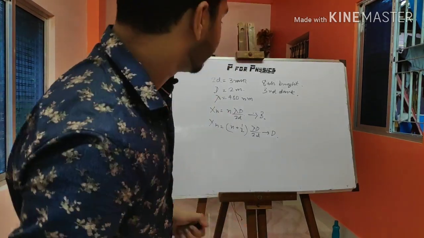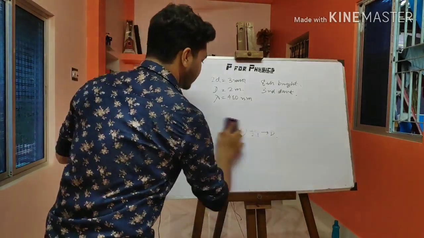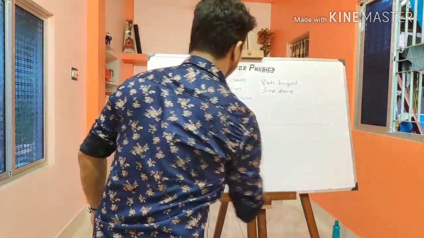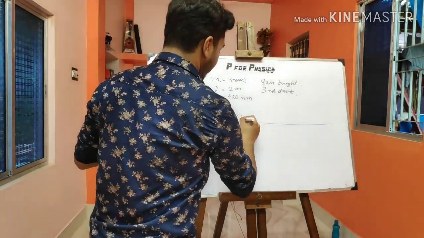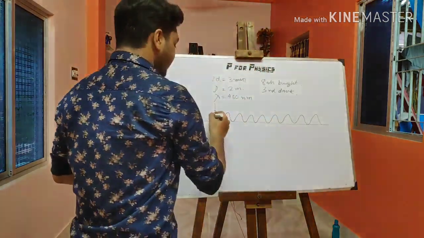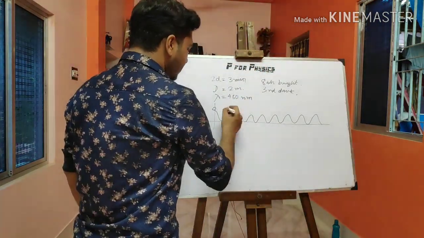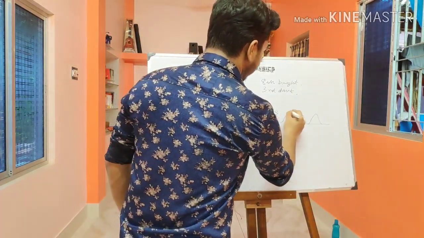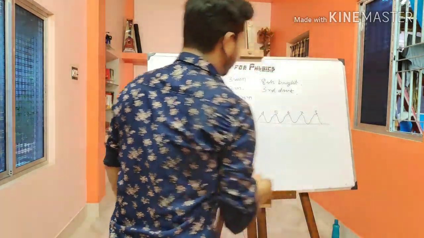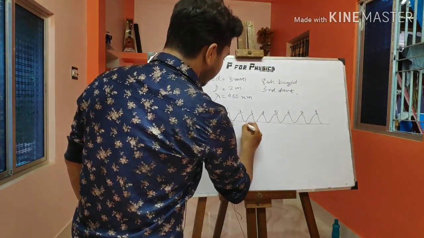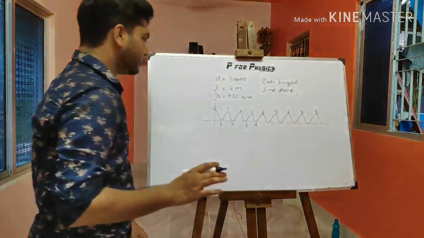I'll show. Let's draw the interference pattern first. Let's name them. The maximas, this is 0, central maxima, 1, 2, 3, 4, 5, 6, 7, 8. 8th bright, yeah. And we need first dark, second, third, fourth. More we don't need.